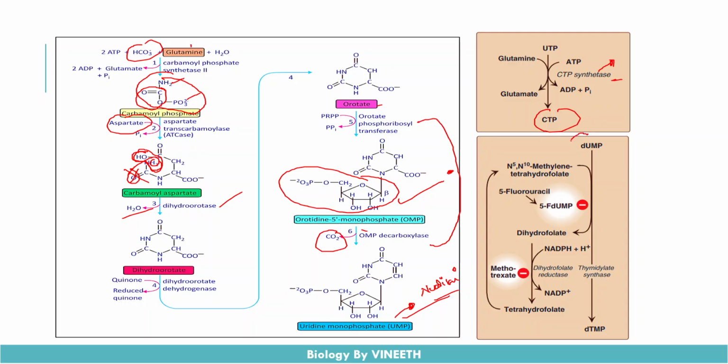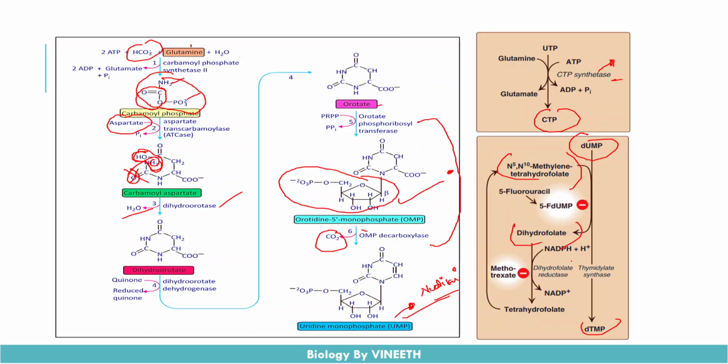Now the formed deoxyuridine monophosphate has to be converted into deoxythymidine monophosphate. For this synthesis of deoxythymidine monophosphate, we require a special coenzyme known as tetrahydrofolate, which is involved in one carbon transfer. This tetrahydrofolate coenzyme donates its one carbon atom to dUMP and gets converted into dihydrofolate.